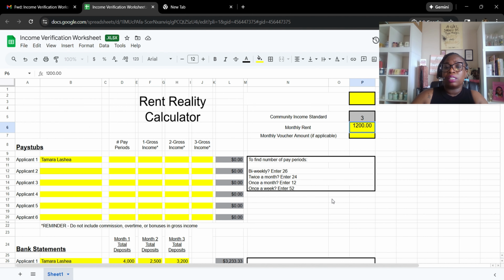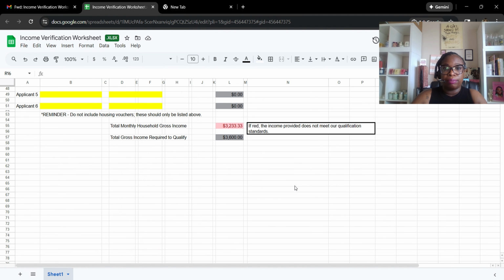Y'all know cost of living is expensive right now, and 30% of our income goes toward our rent. Look at that.